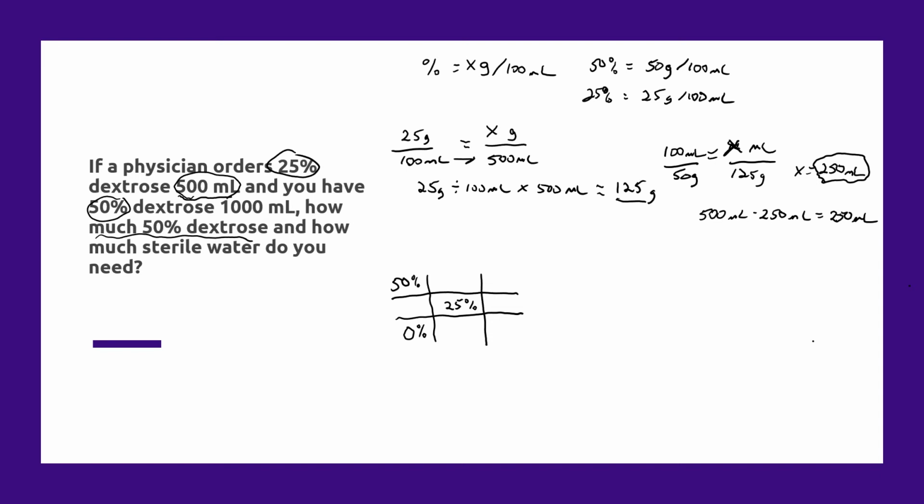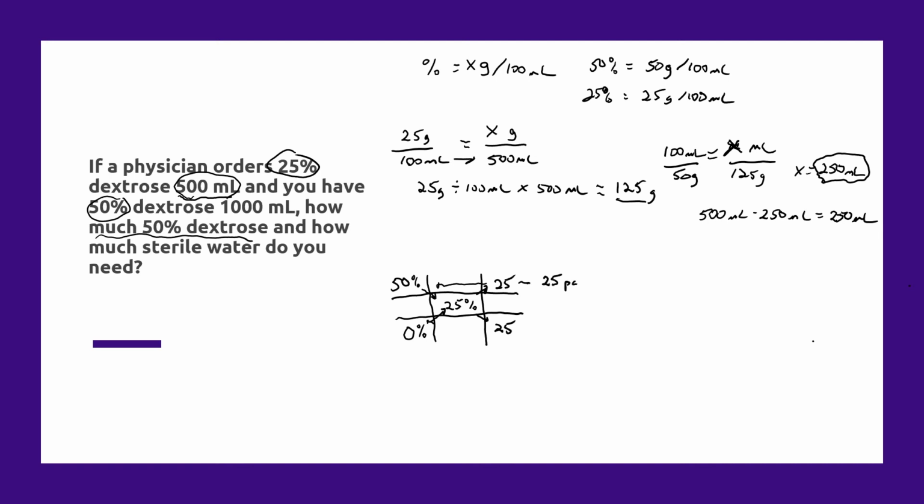Now, you're going to take that higher concentration and subtract the desired concentration, and you're going to put that number in the bottom right-hand side. You're going to take your desired concentration and subtract the lower concentration, and you're going to put that number in the upper right-hand side. So that's going to be 25. And what these numbers tell you, this 25 up top is how many parts of the higher concentration there are.